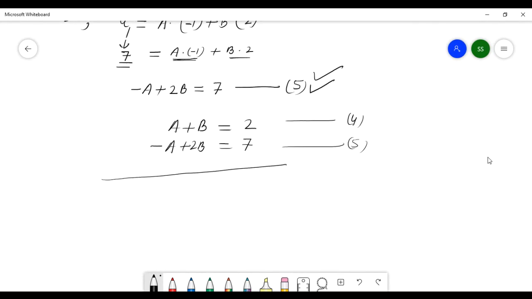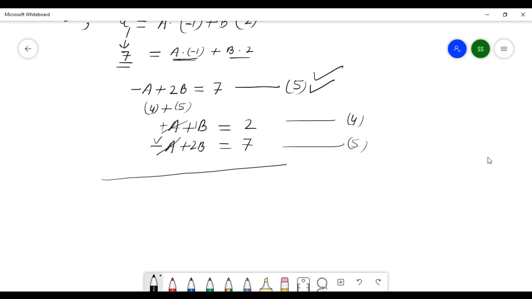Now solve this 4 and 5. Add equation 4 and equation 5. And what will happen? Here is positive A and here is negative A, so A is cancelled.